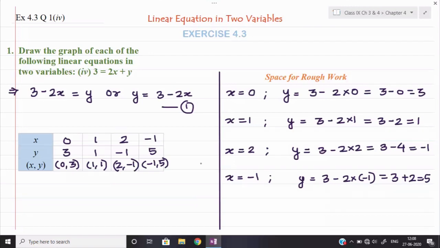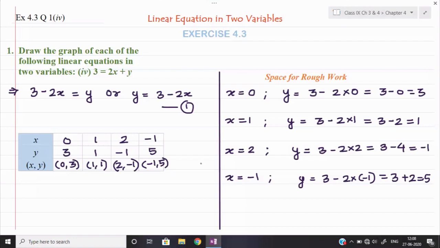So try to keep your value as short as possible and the value should be in the form of integer. Okay, because decimal value again it is not possible to plot onto the graph paper accurately. Okay, so keep the values as short as possible and keep them in the form of integer value.